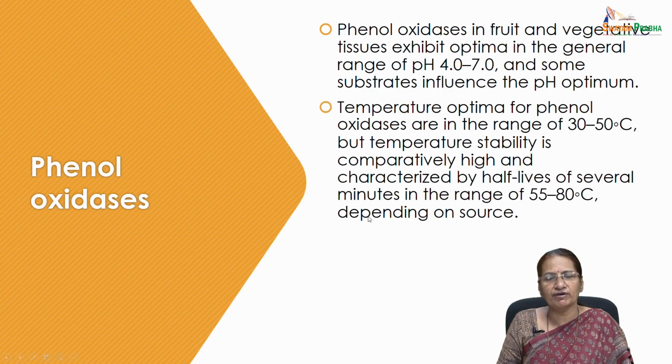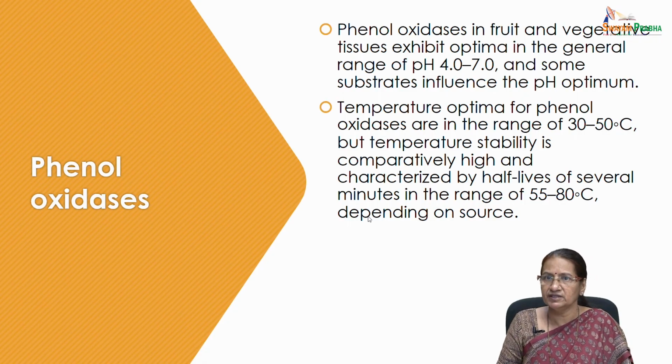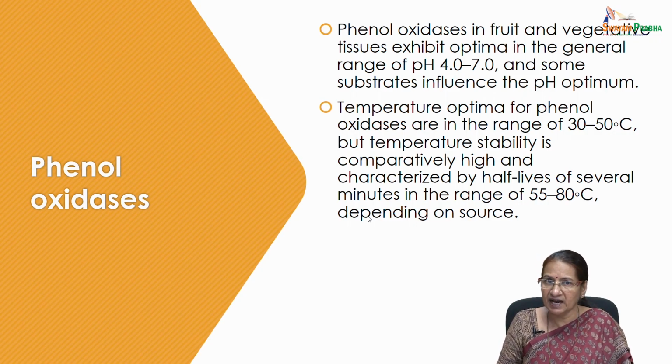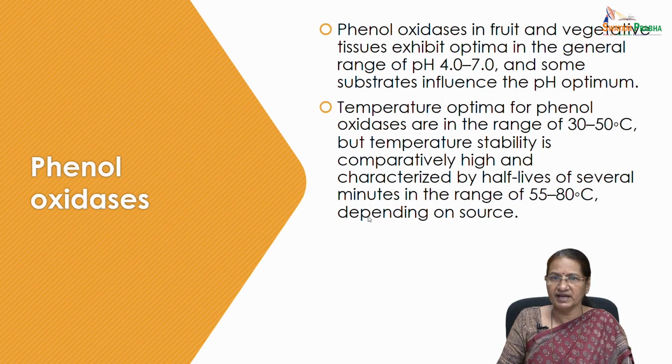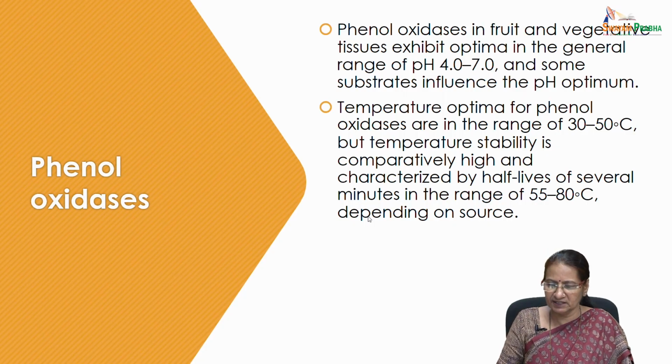Temperature optima for phenol oxidases are in the range of 30 to 50 degrees Celsius, but temperature stability is comparatively high and characterized by half-lives of several minutes in the range of 55 to 80 degrees centigrade depending on source.